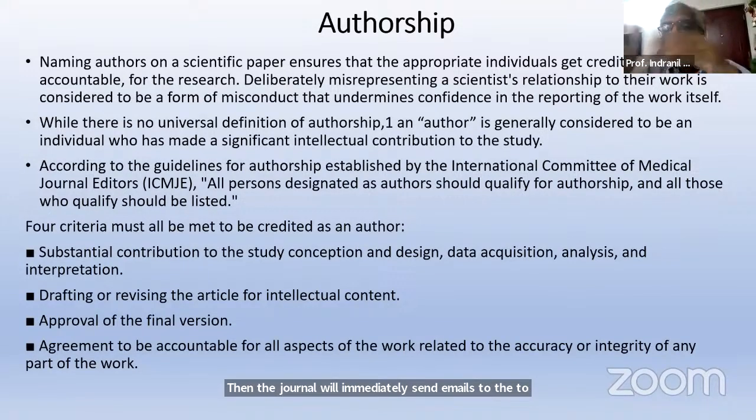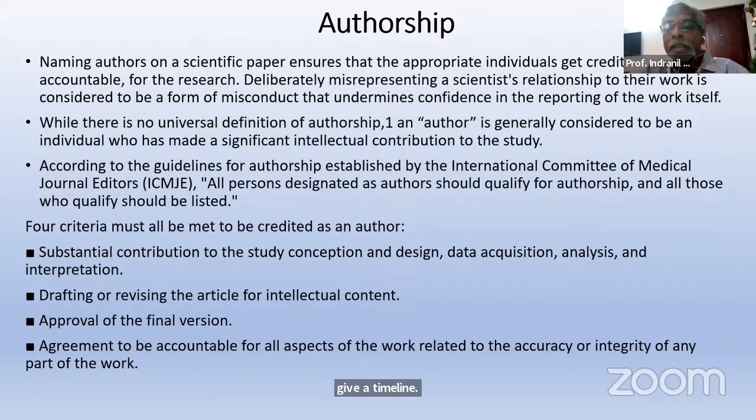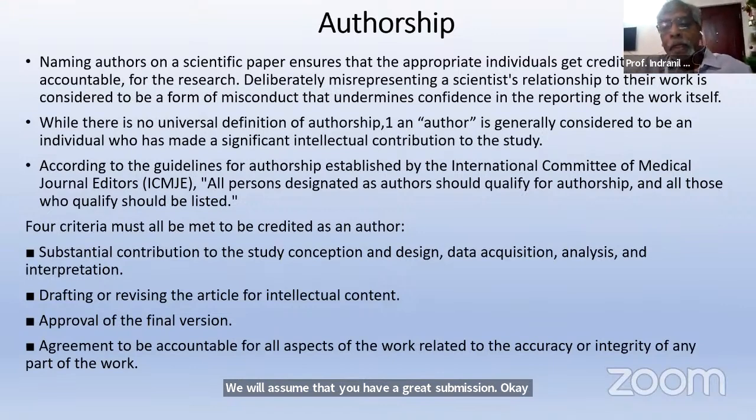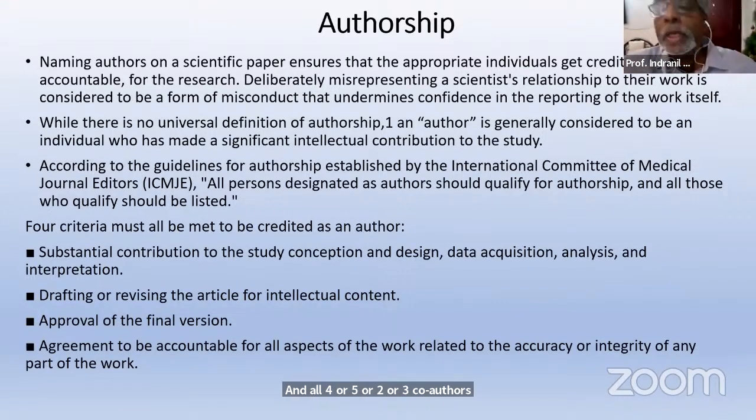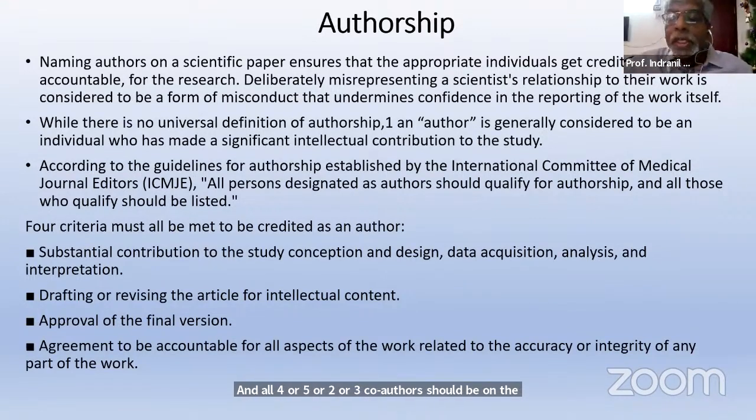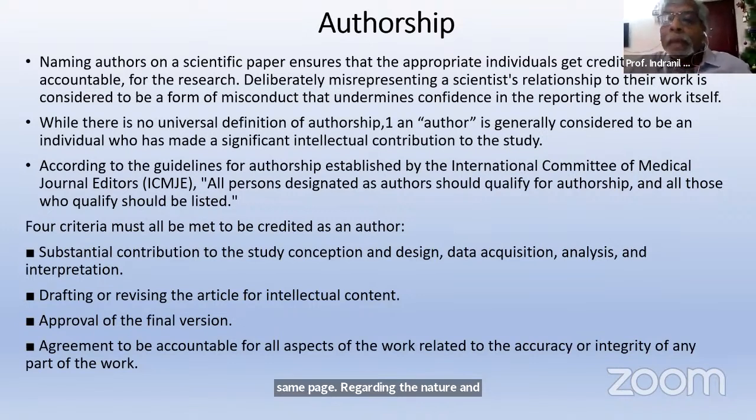And they give a timeline that if you don't agree, do inform us. If you don't inform us within such and such period, we will assume that you have agreed to the submission. So this approval of the final version is extremely important. And all 4 or 5 or 2 or 3 co-authors should be on the same page regarding the nature and content of the finally approved version.